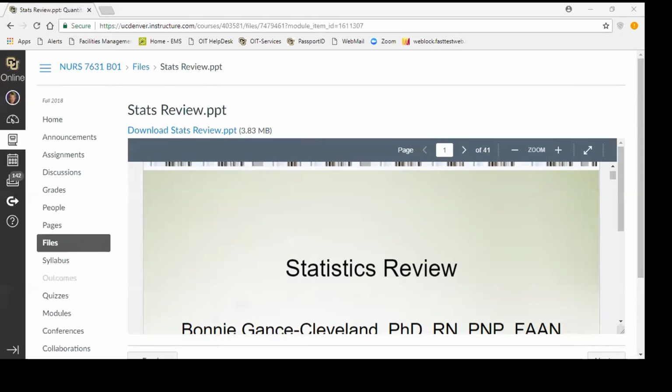The Joanna Briggs Institute is another source, and the Cochrane Library. But anytime you see a meta-analysis, somebody's done that work for you of combining the findings of multiple studies on a similar area.